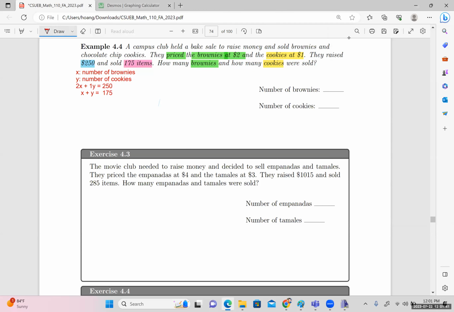So now we have a system of equations set up with 2 equations and 2 unknowns. And in this case, I would suggest using elimination. Maybe you want to multiply by -2 for the second one and 1 for the first one.